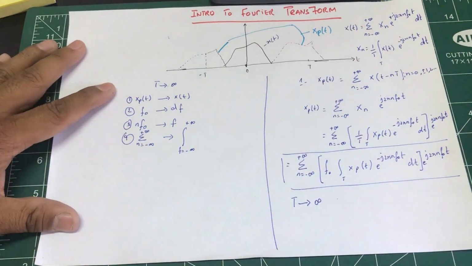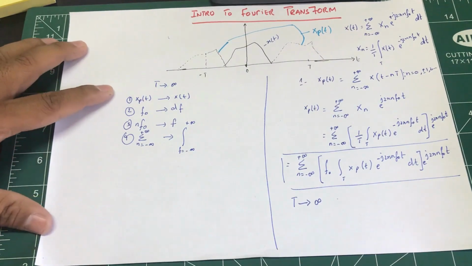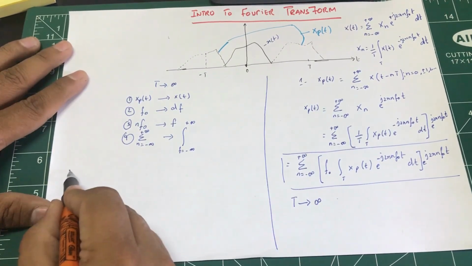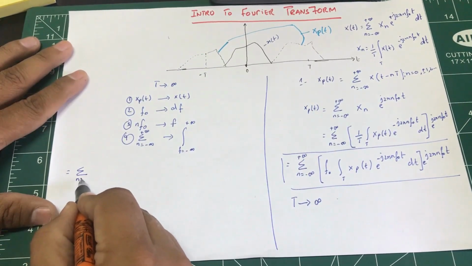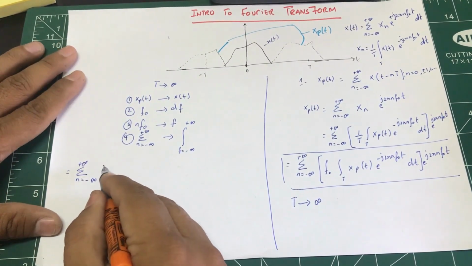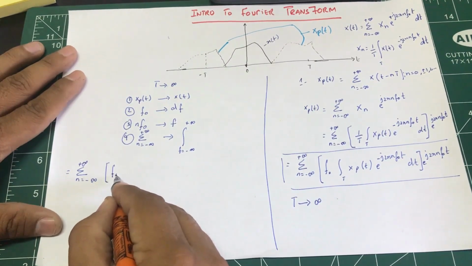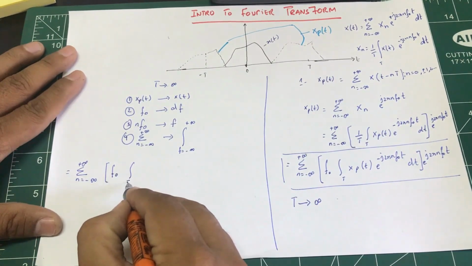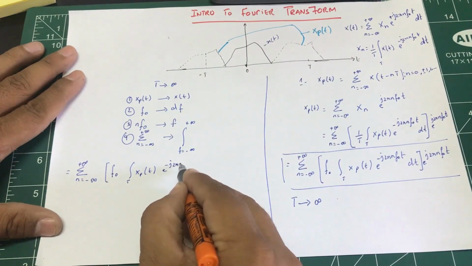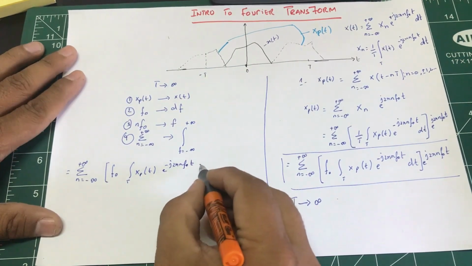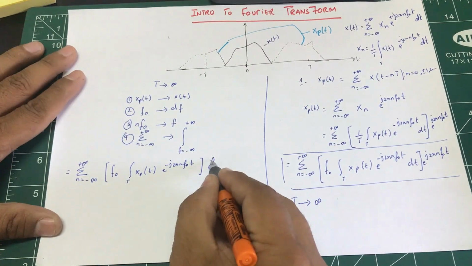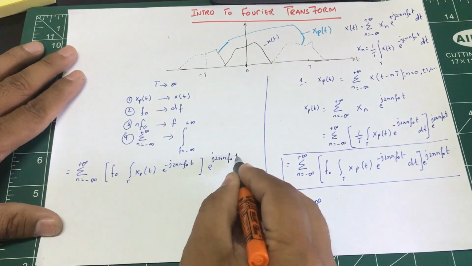So what type of effect will you see on that equation? Just quickly look at it. We had an equation which was something like this: n goes from negative infinity to positive infinity, this was f0, dt of xp of t, e to the negative j 2 pi n f0 t, whole thing, e to the j 2 pi n f0 t.